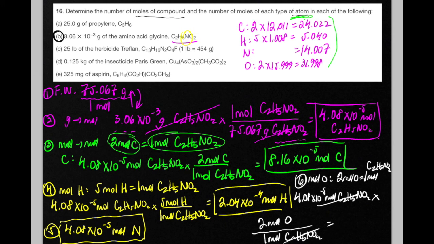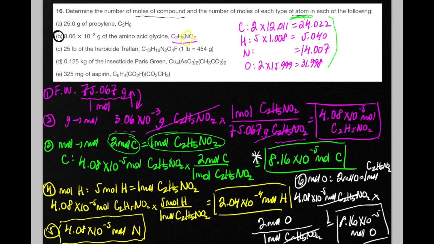So moles of the starting compound cancel, and we will be left with 4.08 times 10 to the minus 5 times 2, and that's going to be equal to 8.16 times 10 to the minus 5 moles of oxygen.